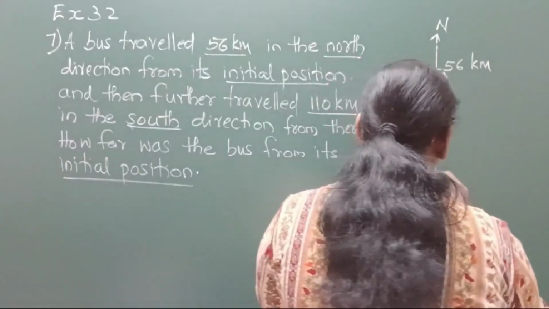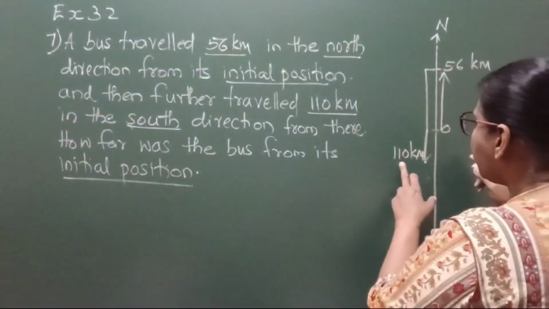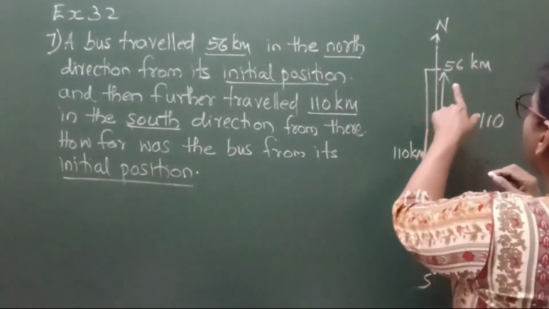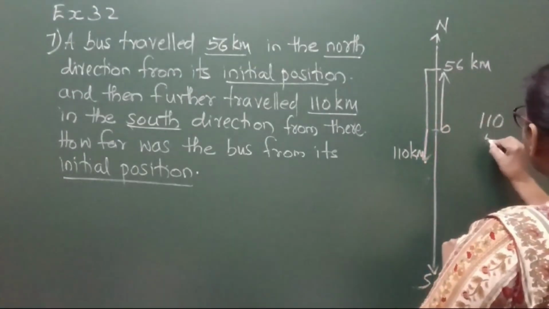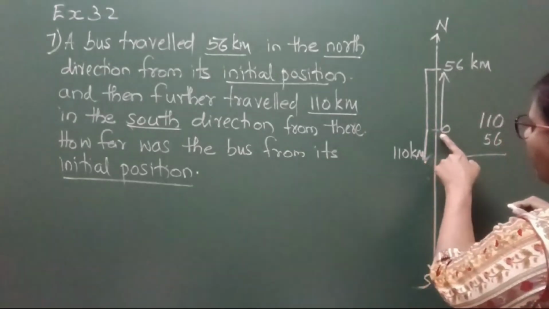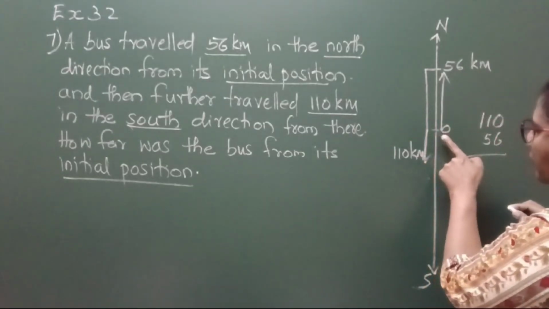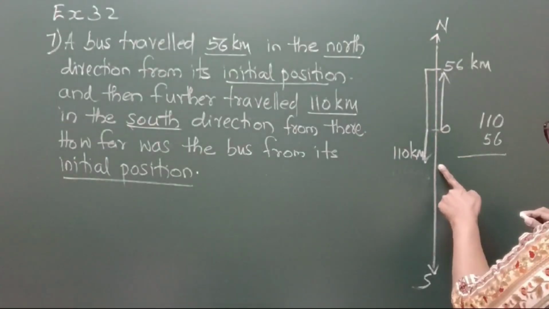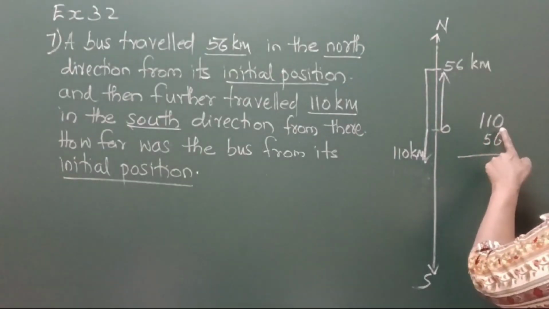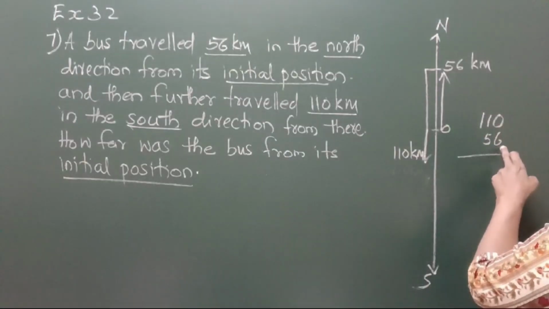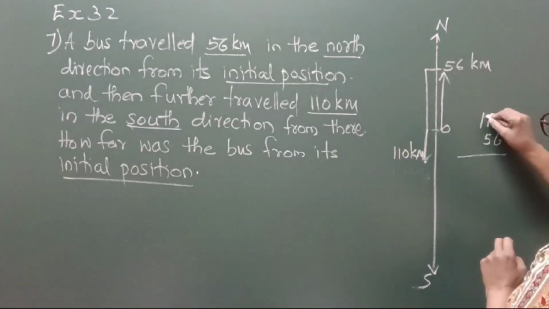For that, what we have to do is, from this 110 kilometer, we have to subtract this 56 kilometer, then we will come to know how far the bus is from the initial point. So 110 minus 56. From 0 we cannot subtract 6, so we have to borrow from this.